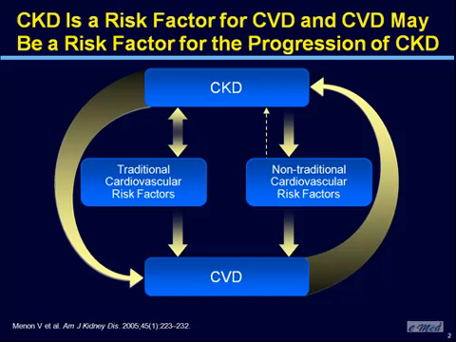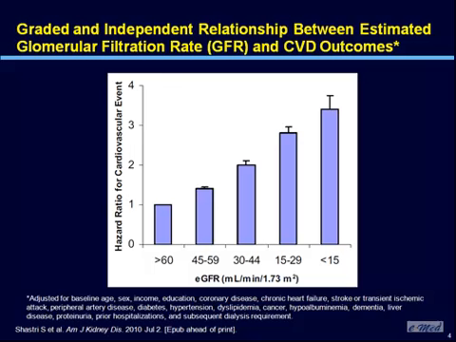And this is the beginning of the problem, because if we look at modifying some very well characterized and known risk factors, we still leave behind those that are not known yet.